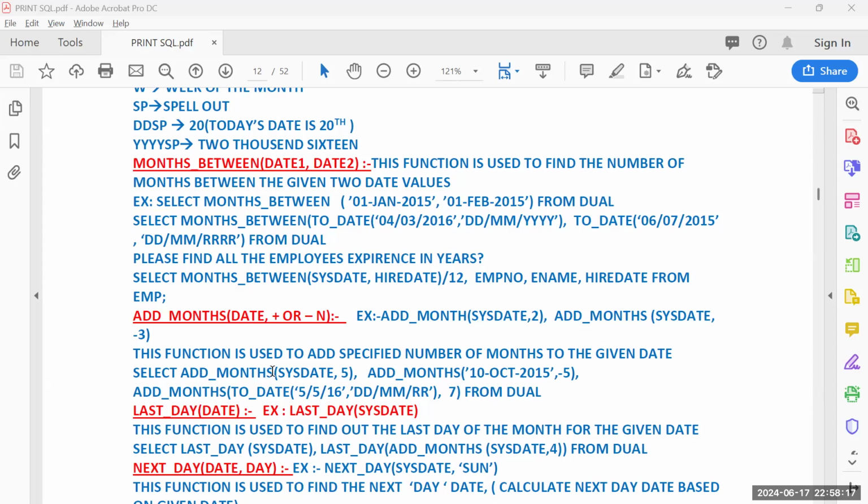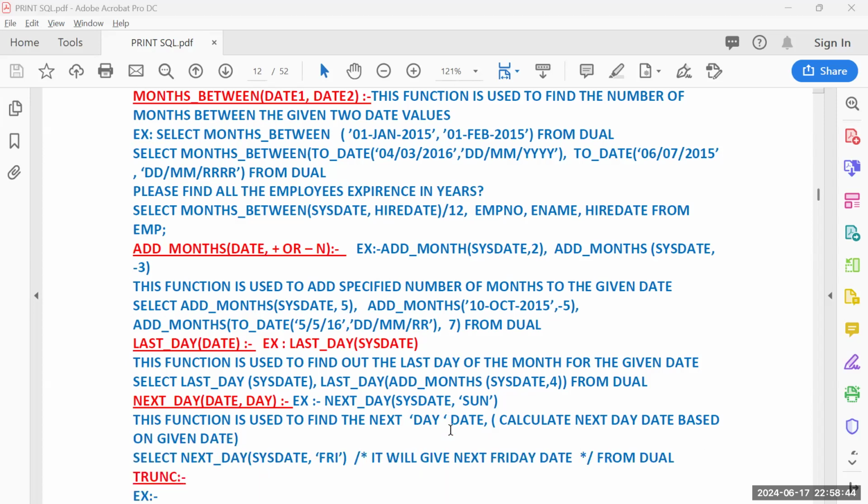The LAST_DAY function is used to find the last date of the month. For this month it is 30th June, next month 31st July, previous month 31st May, like that it will give.